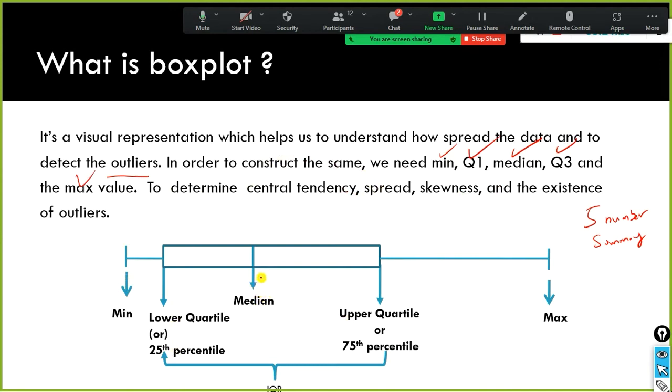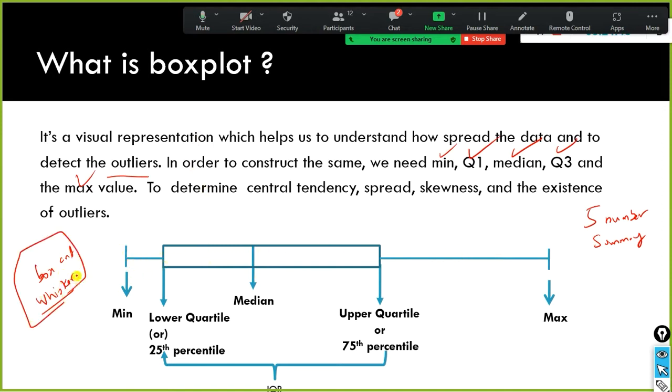Using a box plot, you can plot it like this. The box plot is also called a box and whisker plot. It is something like a cat's whiskers, right? On the right side and left side, you can see whiskers.